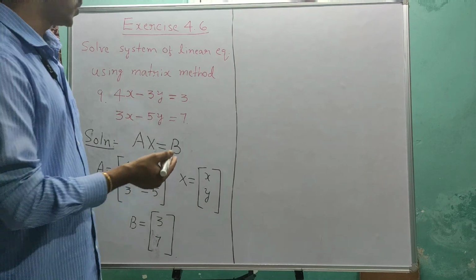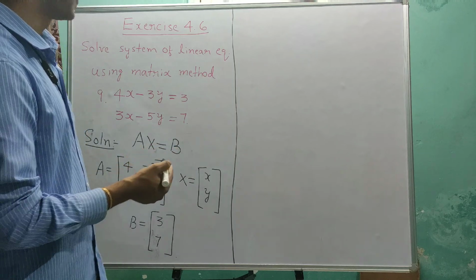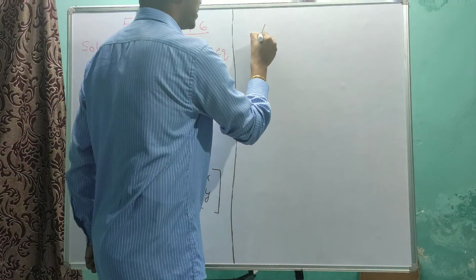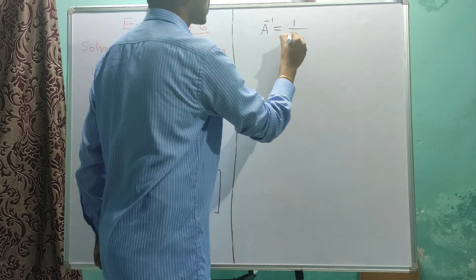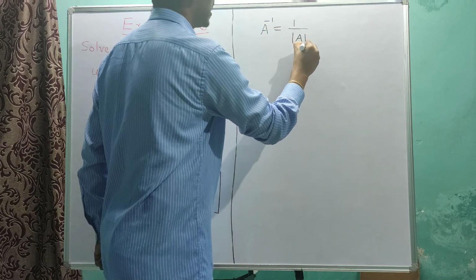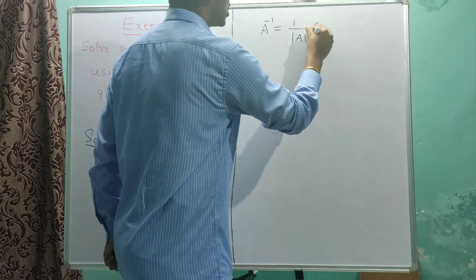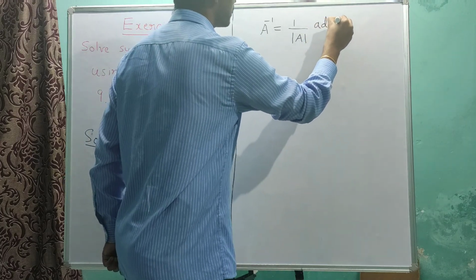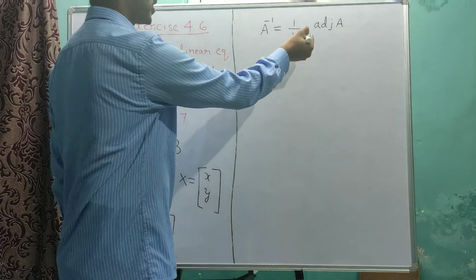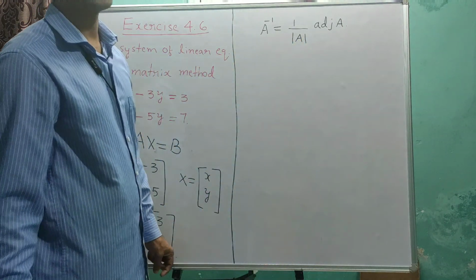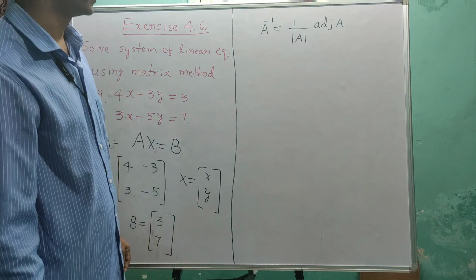Now let us compute the inverse of A. A inverse is equal to 1 by determinant of A into adjoint of A. We already obtained the value of determinant of A, that is minus 11.